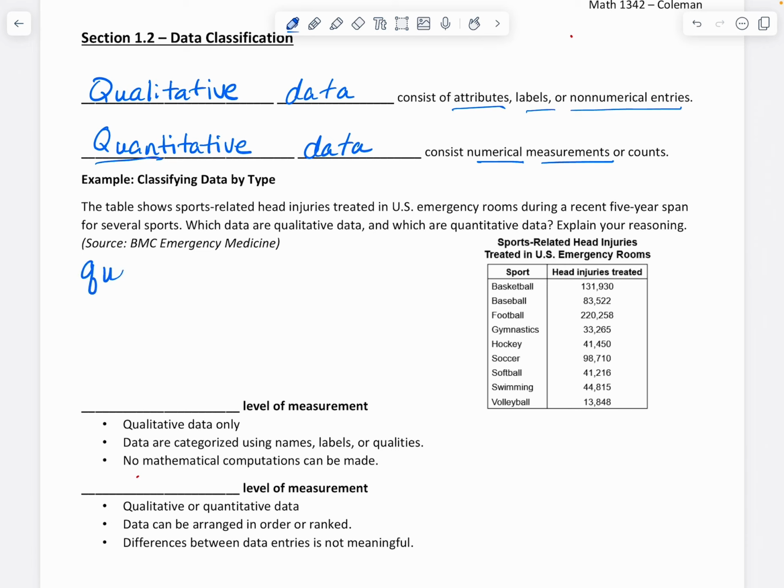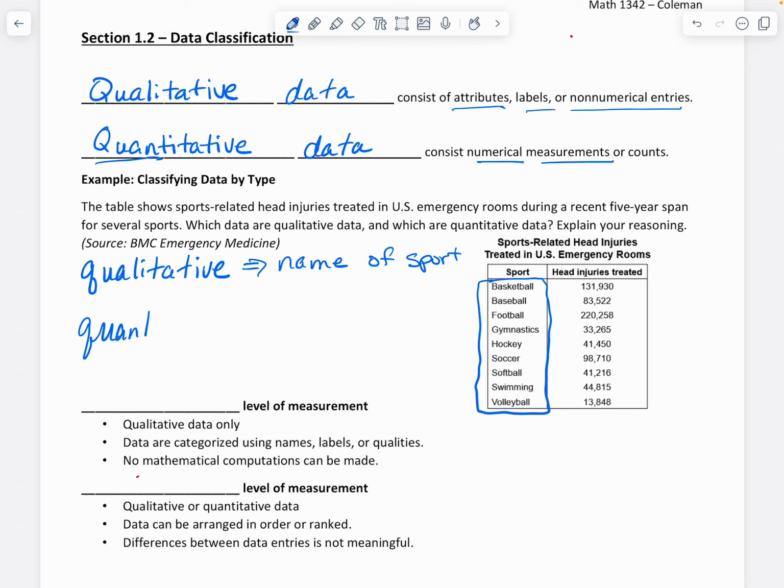So qualitative would be the things that are non-numeric entries. In this case, it would be the name of the sport. So all of these are qualitative.